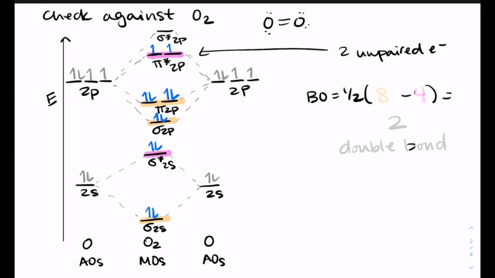Now, I still have one more antibonding. It just didn't have any electrons in it, so I didn't highlight it. 1/2 of 8 minus 4 is 2. So my MO diagram shows a double bond, which matches with my Lewis structure. So in this case, these 2 theories match, but the Lewis does not show the unpaired electrons that do exist.